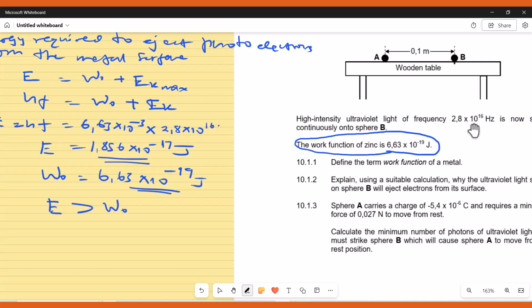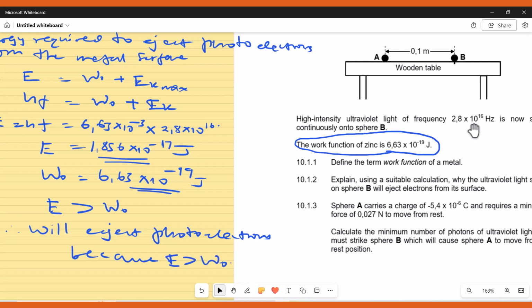So that's why we are going to eject photoelectrons, because our energy E is greater than the work function.